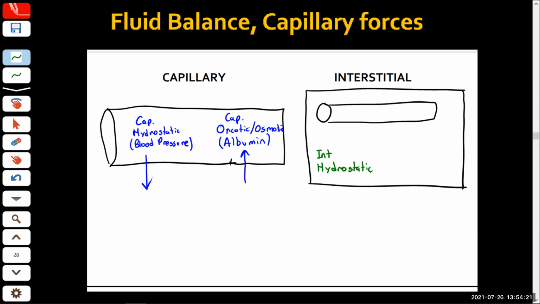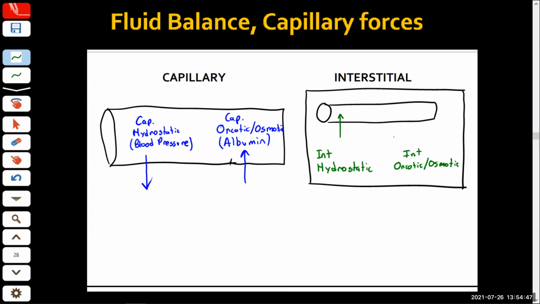Again, the capillary is pushing against the wall. We're talking about the wall pushing back on the capillary. So it wants to move water into the capillary. Then we have interstitial oncotic osmotic.